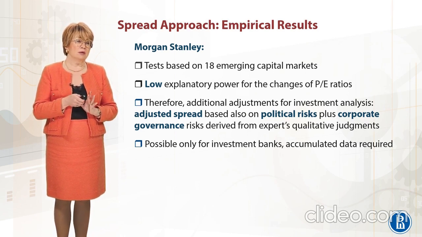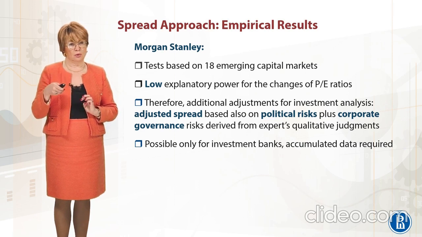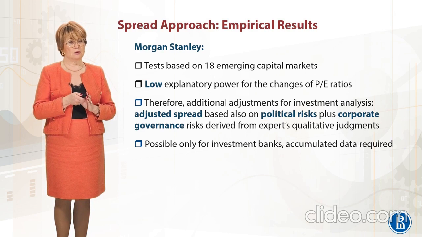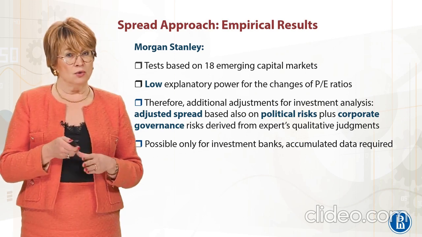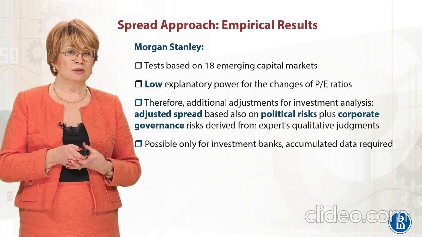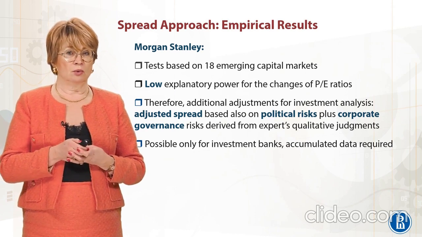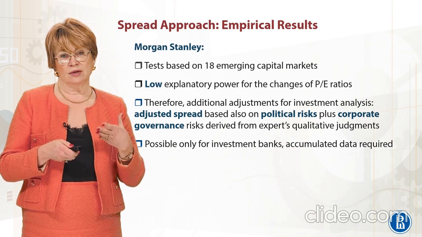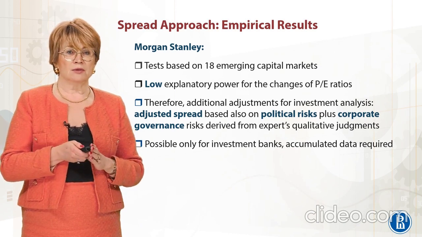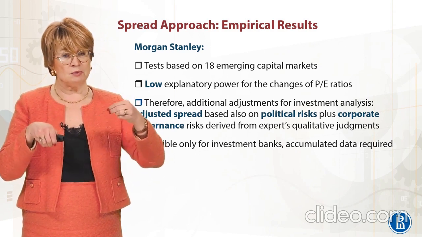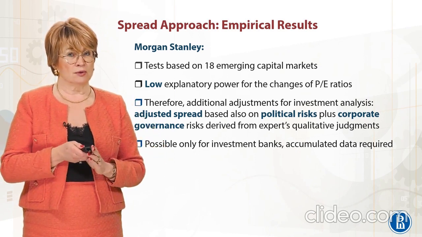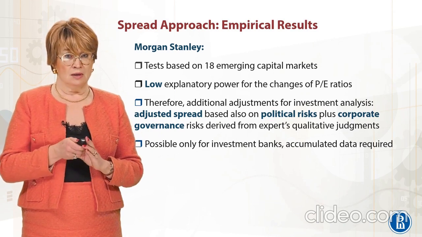And they arrived at the conclusion that the technique and the model based on the spread approach to incorporate country risk into the capital asset pricing model doesn't have very high explanatory power. And they also suggested that there should be additional adjustments to the model because we need to adjust that sovereign spread for political risks plus corporate governance risk. And this is via internal adjustment factors that they apply in Morgan Stanley investment research.